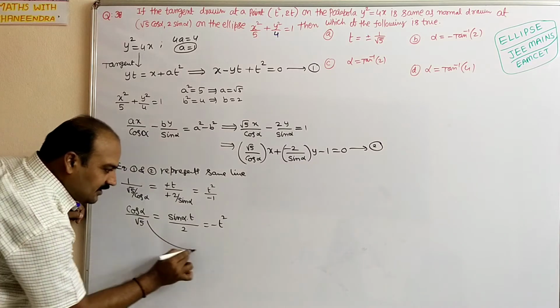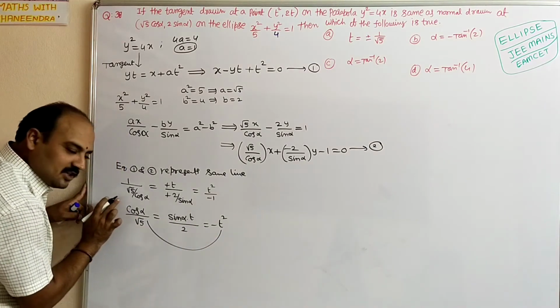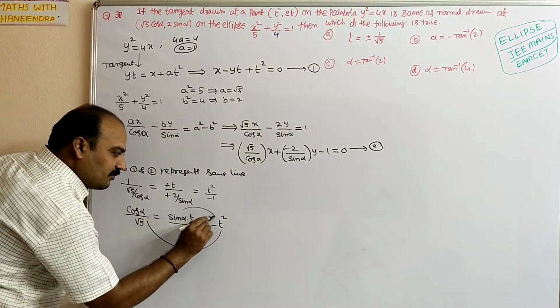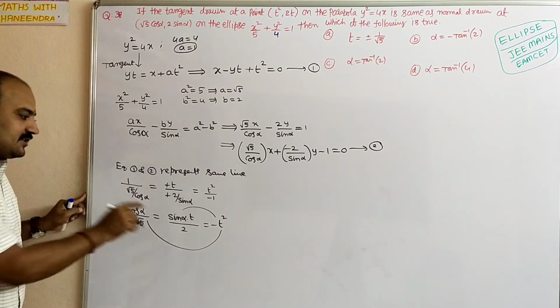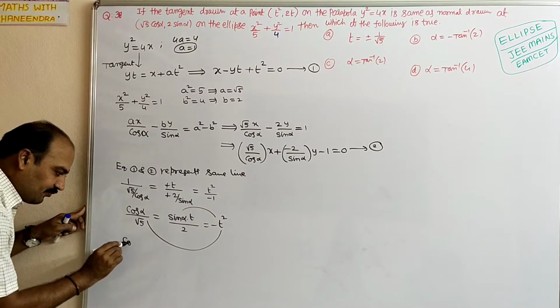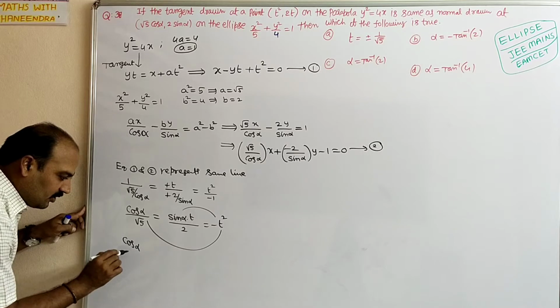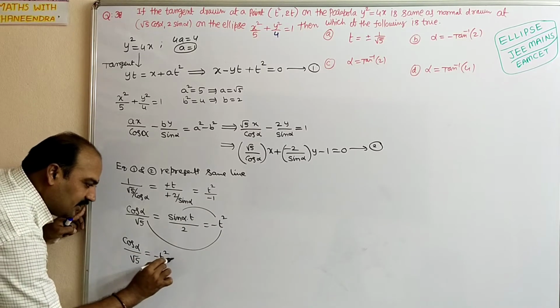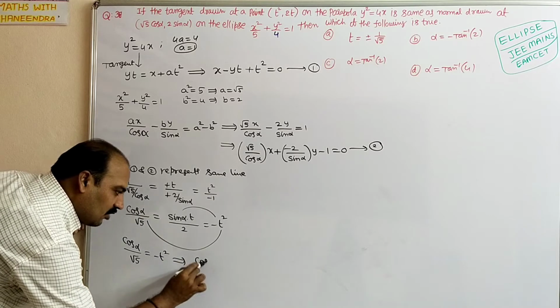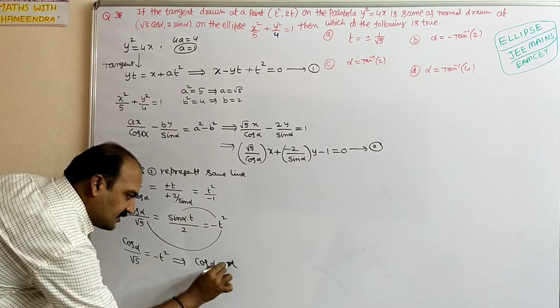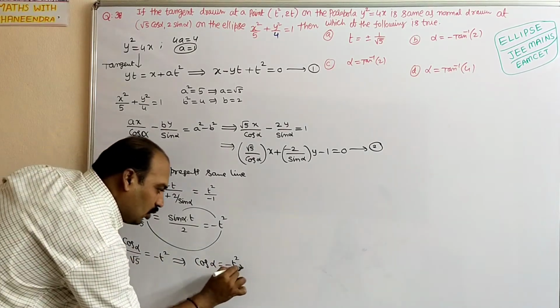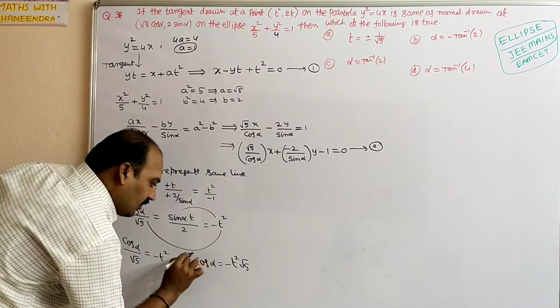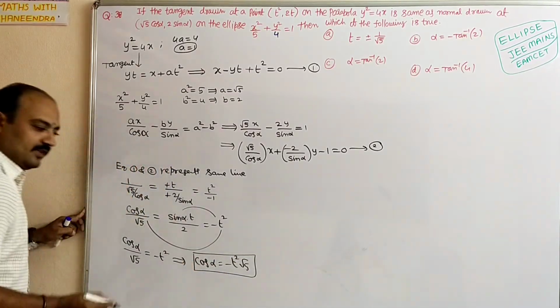If you equate these, you can make cos alpha the subject, and from the other two, sin alpha the subject. So cos alpha by root 5 is equal to minus t square, which implies cos alpha equal to minus t square into root 5. This is about cos alpha.